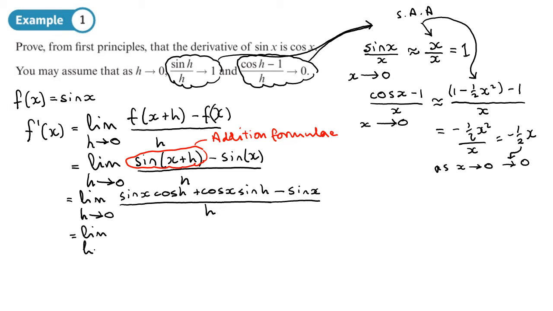From there we're going to factorize the top. Now there are two terms that have got sine x in, so I'm going to put sine x outside of brackets, which means in the brackets I can put cos h minus 1, plus cos x sine h all over h.